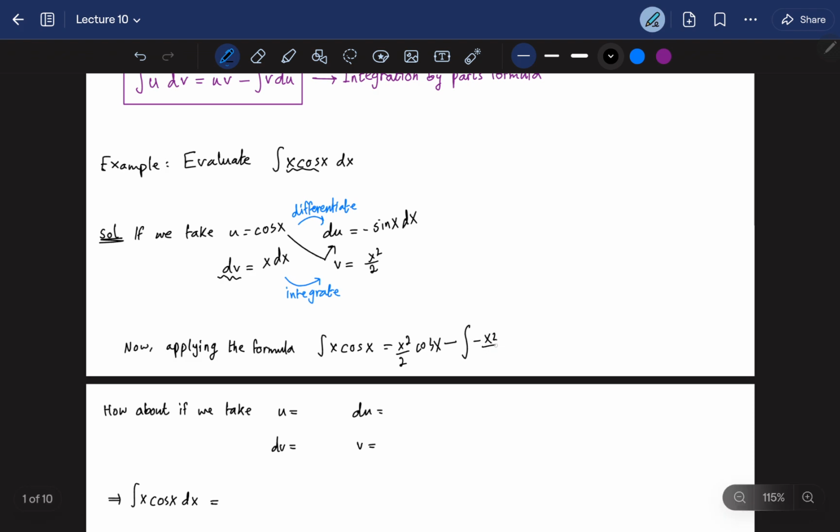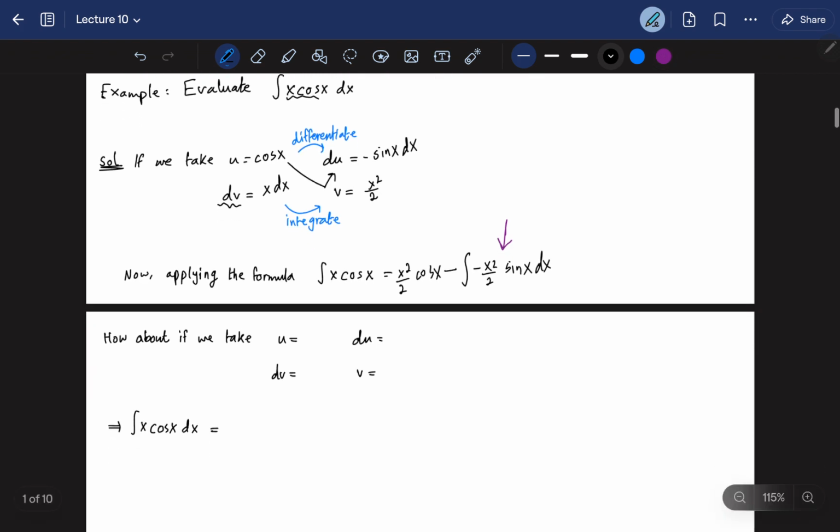So negative x squared over 2 sine x dx. Now the problem with this choice of u and dv is that even if we apply the integration by parts formula, we got an integral that's even more complicated. So when this happens, you know that your choice of u and dv might be wrong.